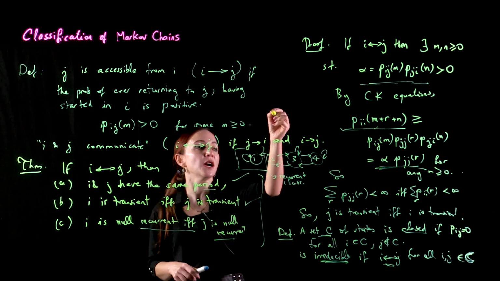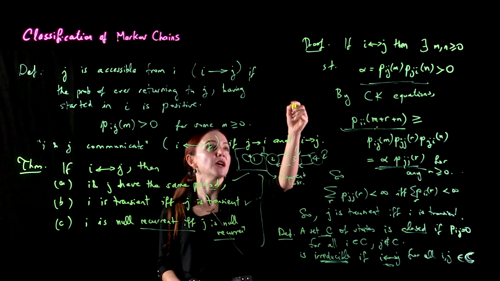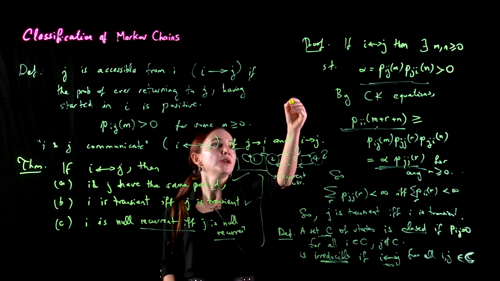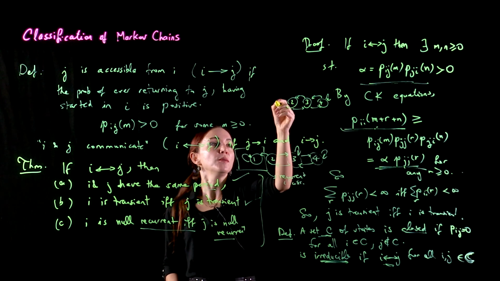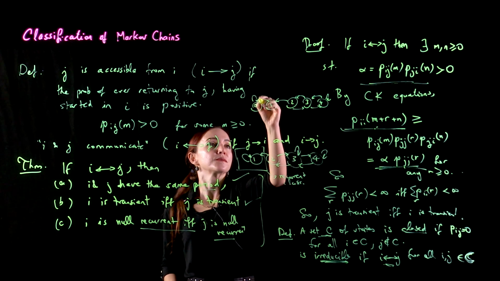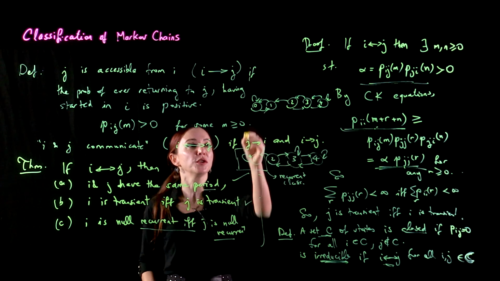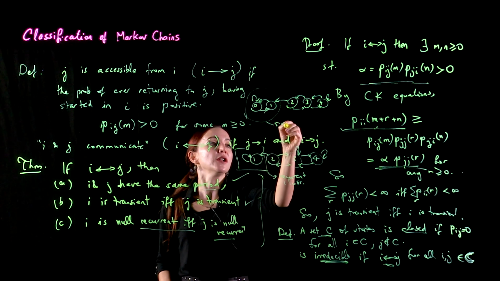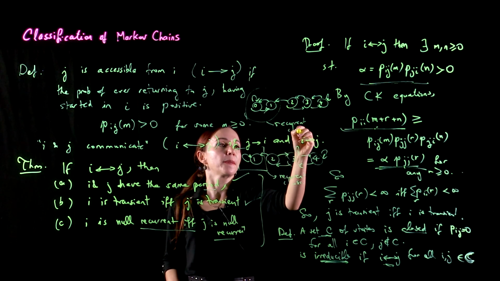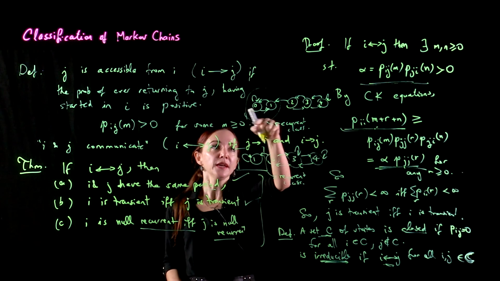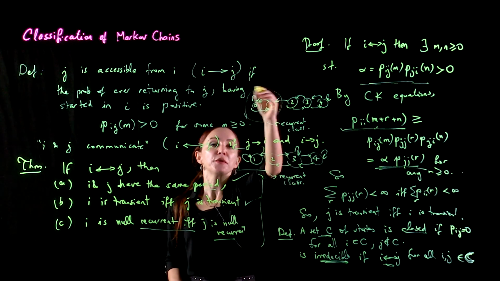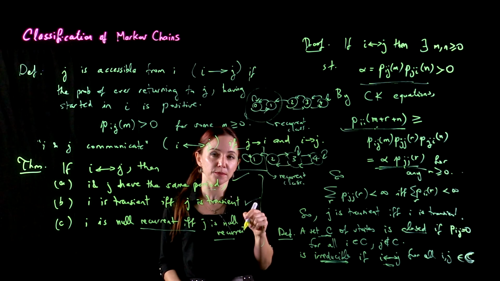Let me give you another example. Building on this example, again we have states 2, 3, and 4 as before, but this time I'm going to add a state 0 such that 0 and 1 communicate, and they form a recurrent class of 2 states.